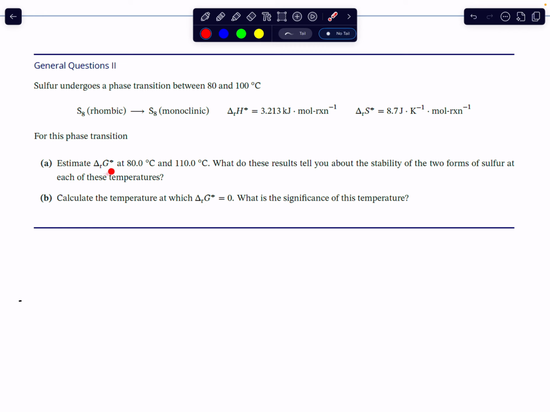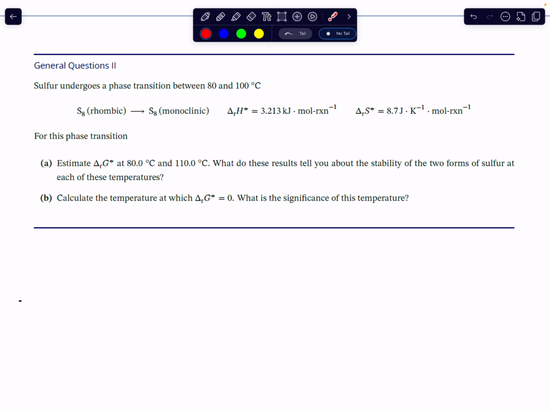The first is to estimate the Gibbs energy of the transition at 80 degrees Celsius and 110 degrees Celsius. And we need to discuss what that tells us about the stability of the two forms of sulfur at each of those temperatures. And then finally, we must calculate the temperature at which the Gibbs energy is equal to 0.